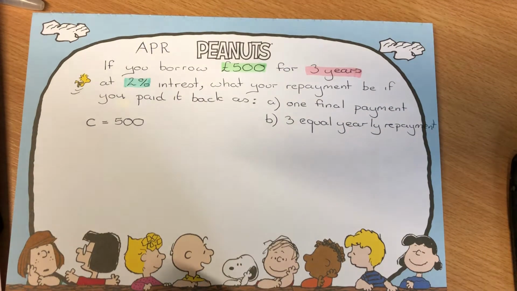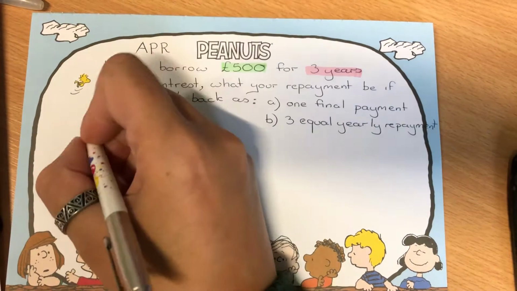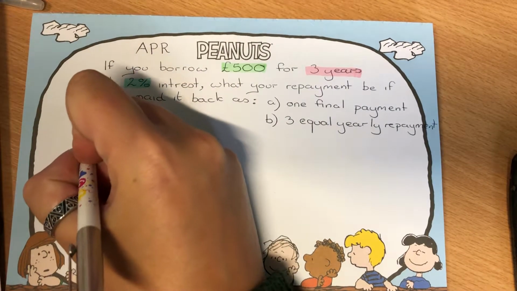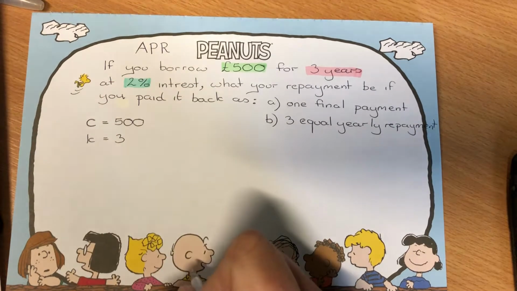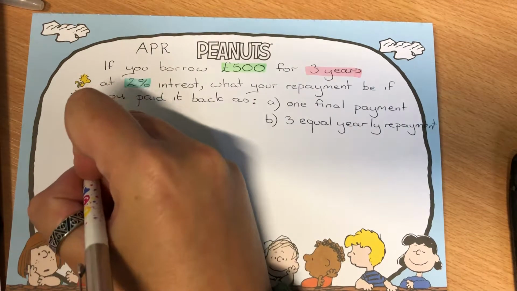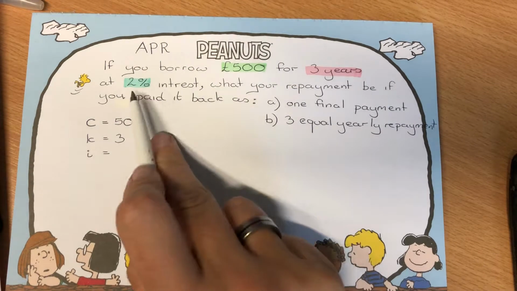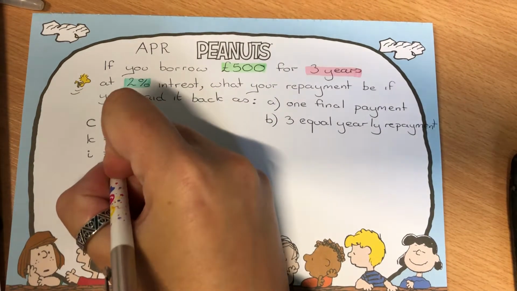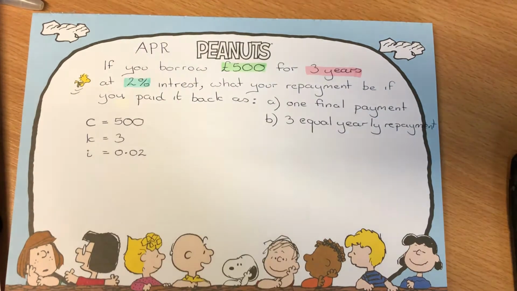We have got T, or K, depending on how you look at it, which is 3 years. And we know what our interest is, and our interest is at 2%. So when we write that as a decimal, that's going to be 0.02.